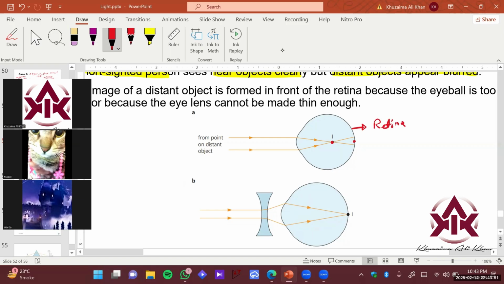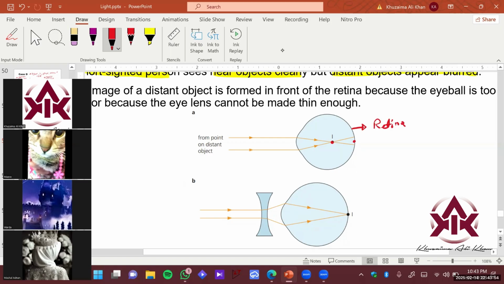So you want to diverge these rays in such a way that they meet at this point. To fix this issue, for the person who cannot see objects which are far away, we use a diverging lens. This is a concave lens, which helps to fix this issue. This is the solution to this issue. It does what?